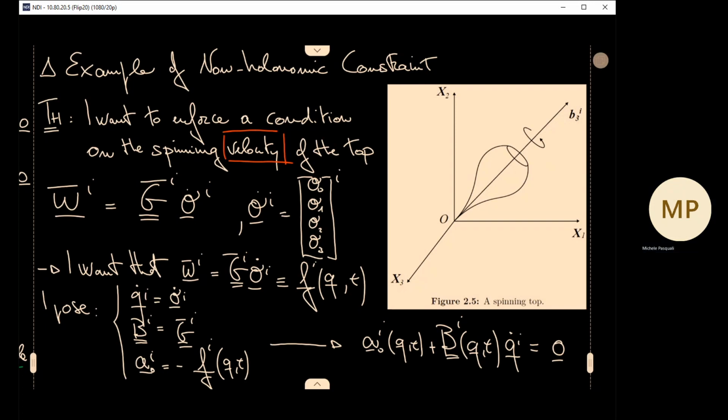See, that's exactly the form that we wanted to see, just enforcing that the angular velocity, the spinning velocity of my top, has a certain law.